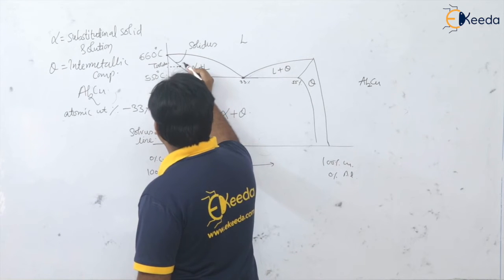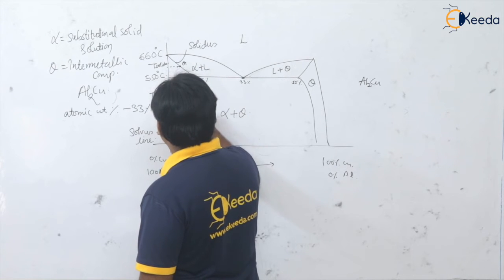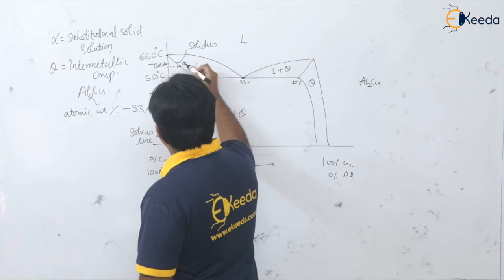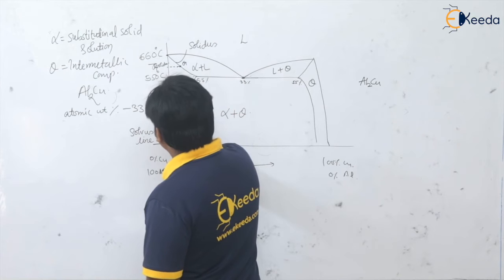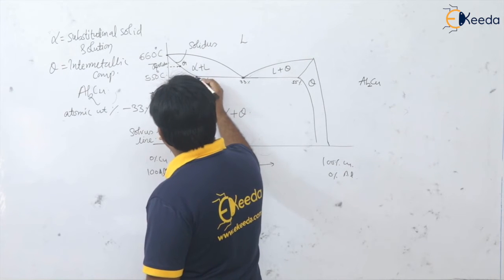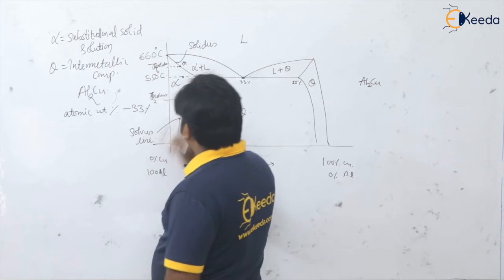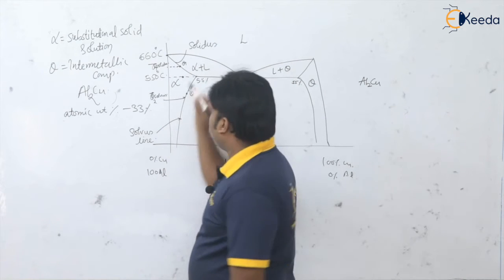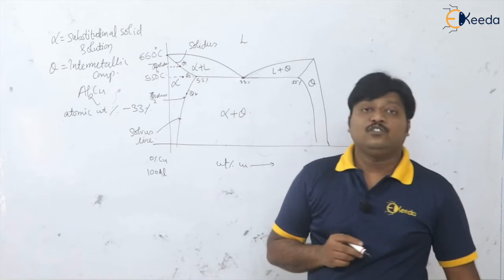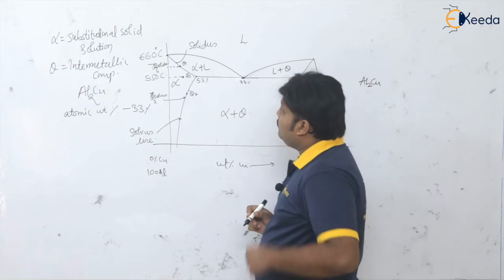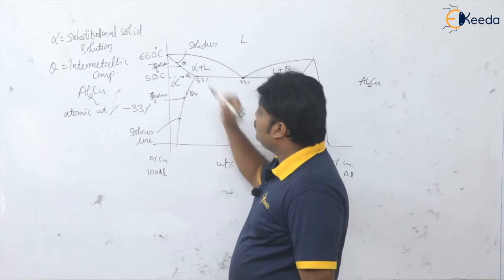Theta 1 is the temperature on the solidus, theta 2 is the temperature of the solvus line, and alpha at temperature theta 3 is completely a solid solution, isn't it?